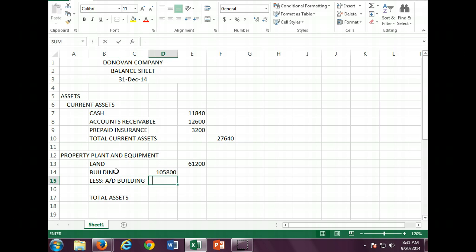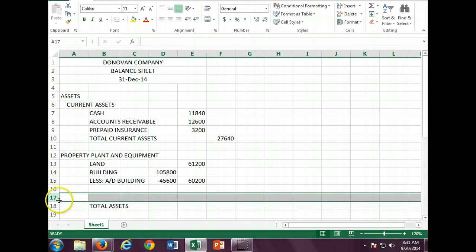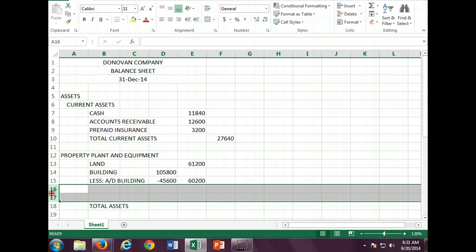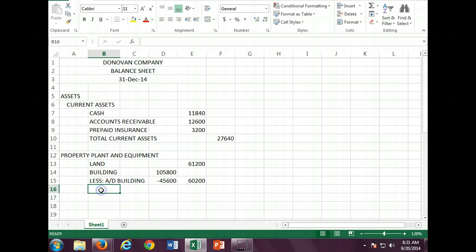How much was the accumulated? 45,600. So our building is basically $60,200. Then we've got equipment of how much? 82,400.